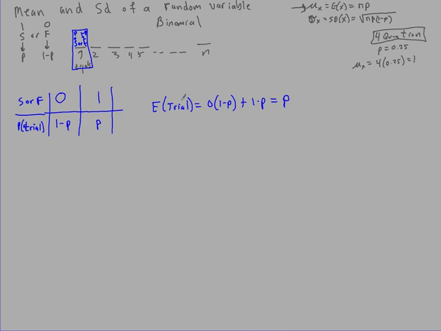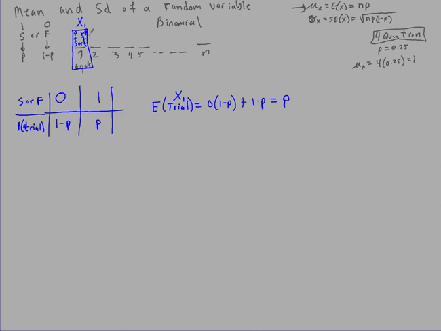We could call this the first trial, the expected value of x1, because x is the random variable, success or failure. So that's p.